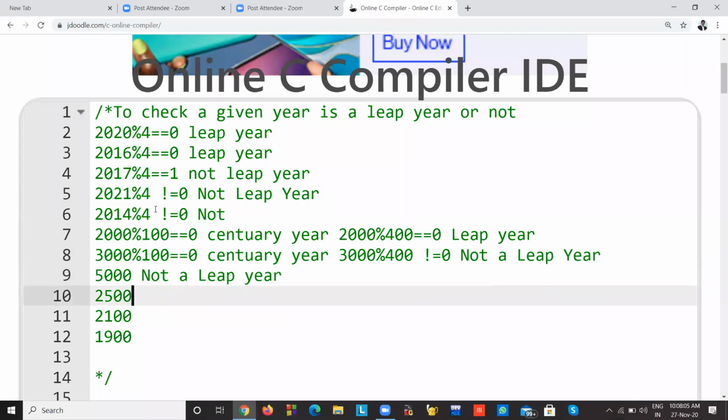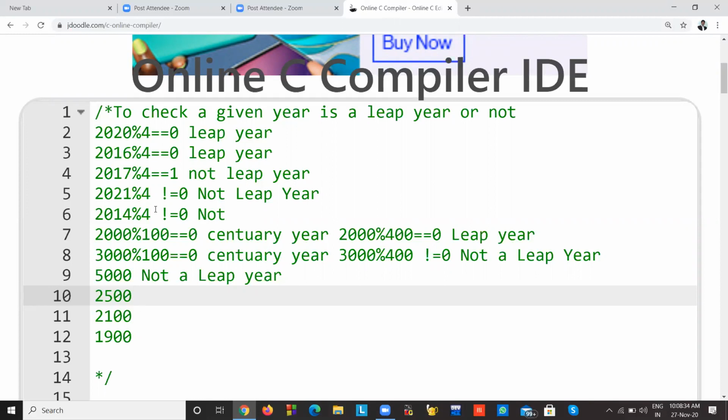Now 2500 is also a century year, because it is exactly divisible by 100. Now whether it is divisible by 4, no, sorry, not 4. Since it is a century year, we have to divide with 400. When you divide 2500 with 400, double zeros get cancelled to 25 by 4. It will become 25 mod 4. 4 sixes are 24 and the remainder is exactly 1.